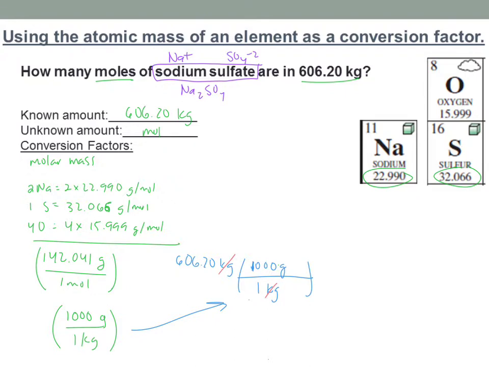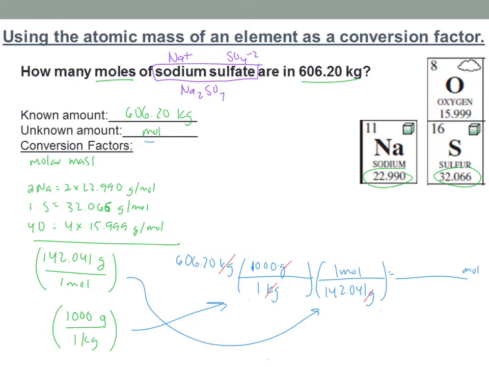I'm not quite where I need to be yet, because I'm looking for moles. So the molar mass needs to pop in next, but my grams here is on top and I want it on the bottom so it cancels, so I need to flip it. I'm going to flip this upside down so that I get 142.041 grams on the bottom and 1 mole on top. Now my grams cancel out, which leaves me with moles, which is exactly what I was looking for.